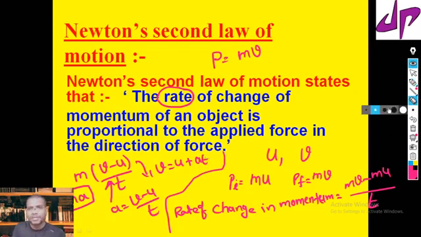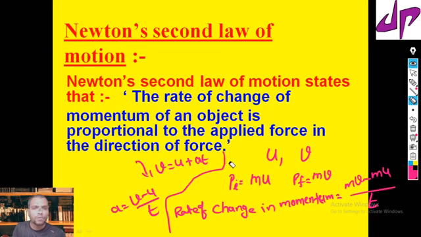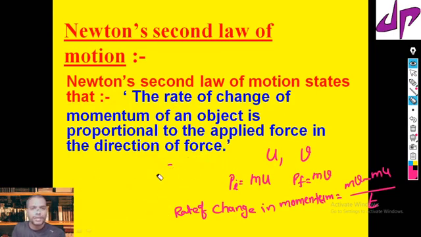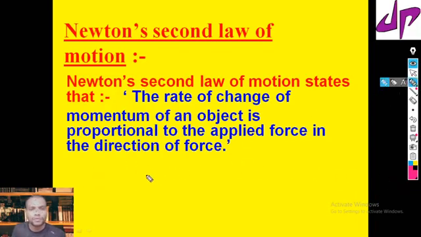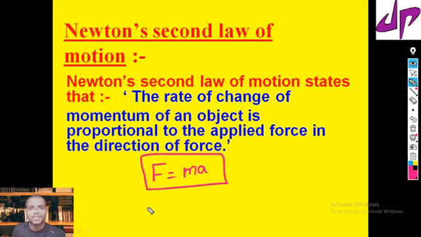So this gives the Newton's second law of motion formula. We can define Newton's second law: the rate of change of momentum is directly proportional to the applied force. In a simple manner, we can write F equal to ma. So this is Newton's second law.